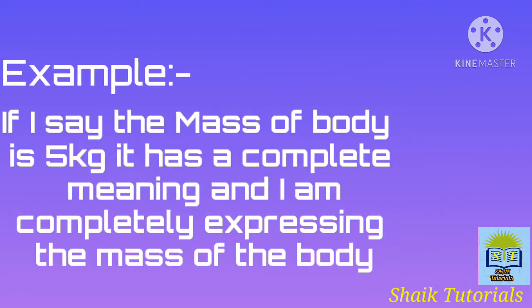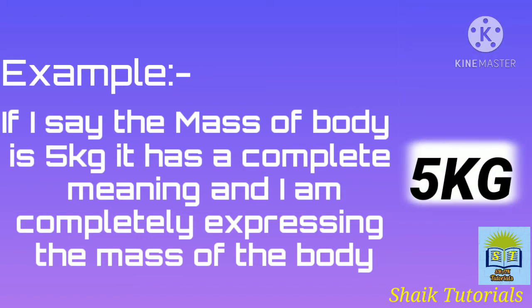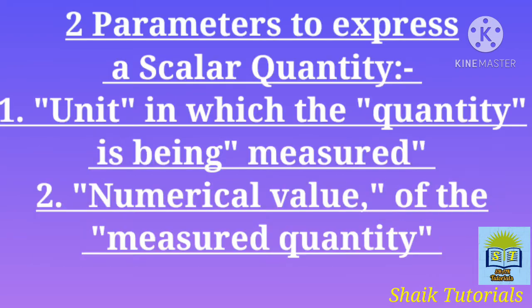For example, if I say that the mass of a body is 5 kilogram, I am completely expressing the mass of the body. We need two parameters to express a scalar quantity. First is unit. Unit may be length, time, etc. Numerical value is the number such as 1, 2, 3, 4, and so on.